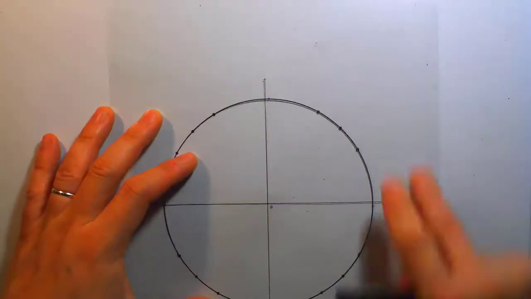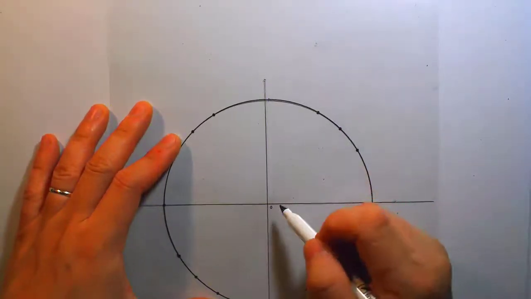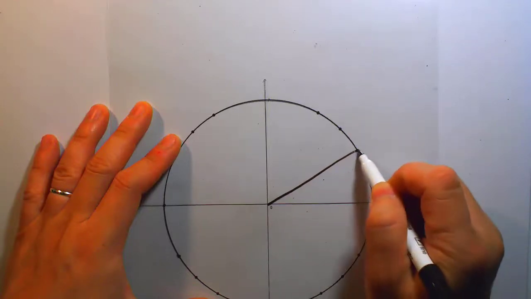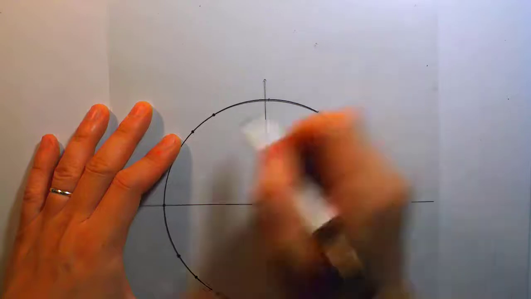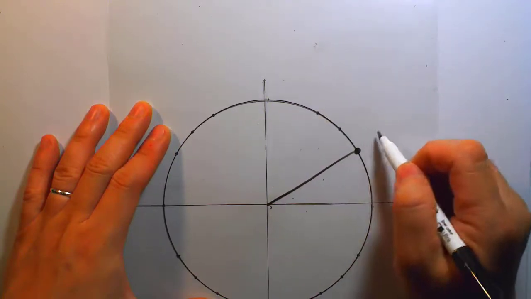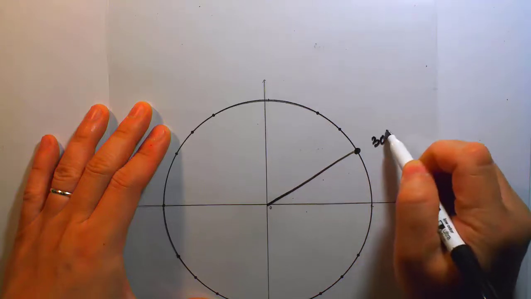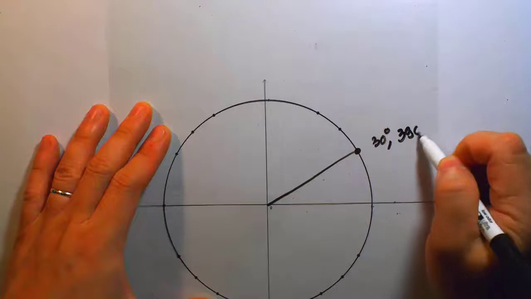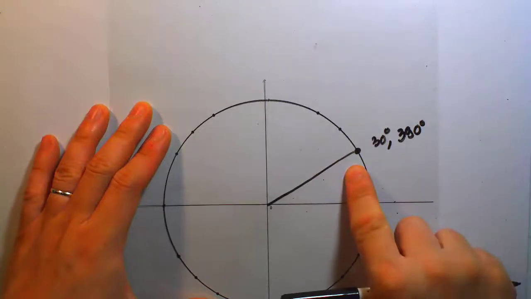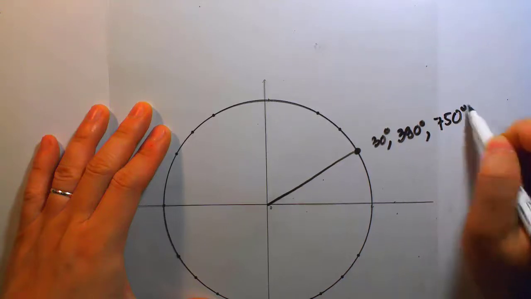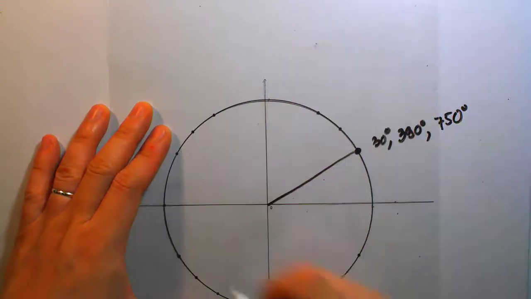Okay, so now we have seen and start accepting the idea that an angle can extend a lot more than just one complete cycle. Say 30 degrees is one angle measurement, but then the 390 degrees angle is also the same terminal point, and then the 750 is also the same terminal point. It's just simply a matter of how many times we're looping around.